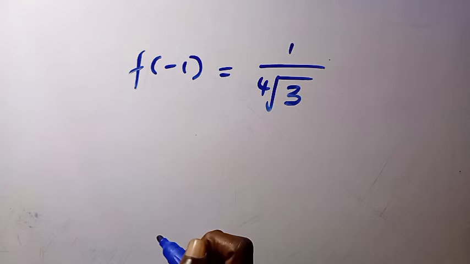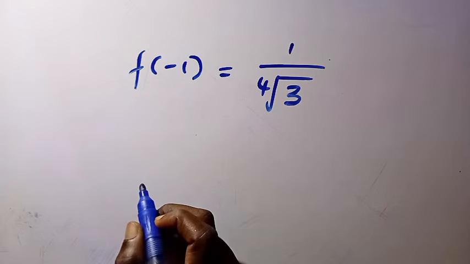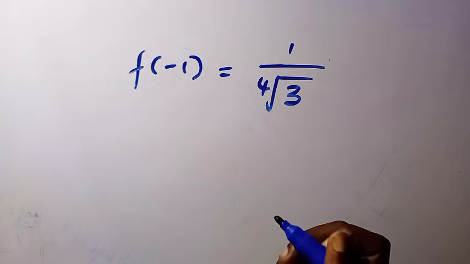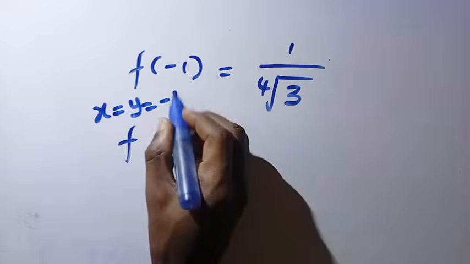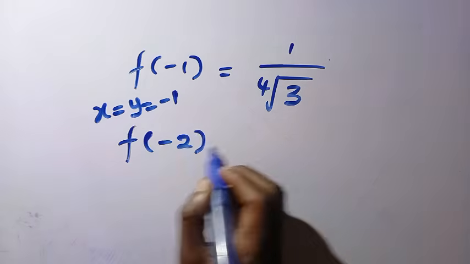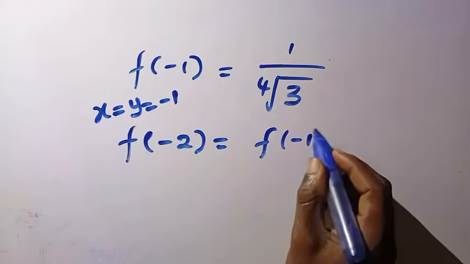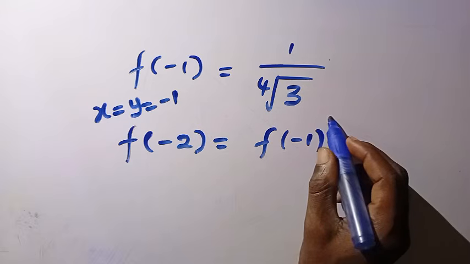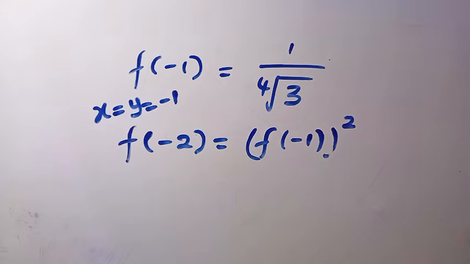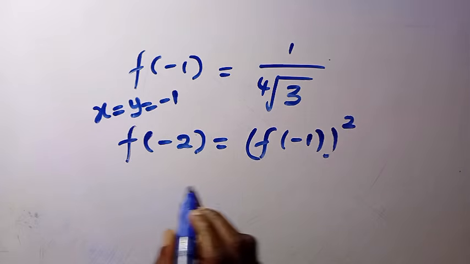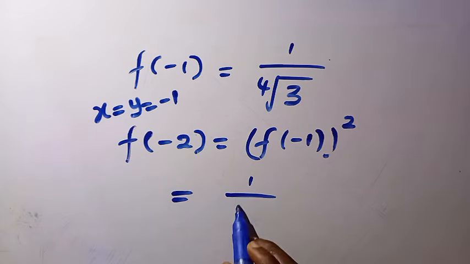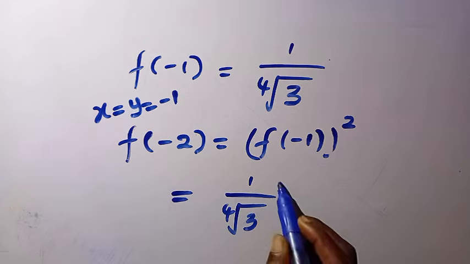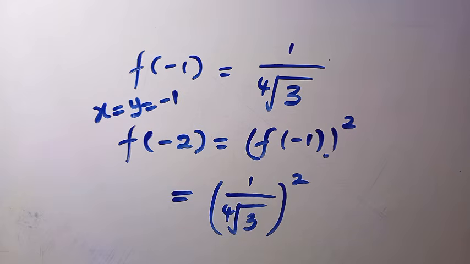To have f of minus 2, we are going to have x equals y equals minus 1, right? So that gives us f of minus 2 equals f of minus 1, and this one will be in terms of squared. So for f of minus 2, f of minus 1 is 1 divided by the fourth root of 3, all raised to the power of 2.